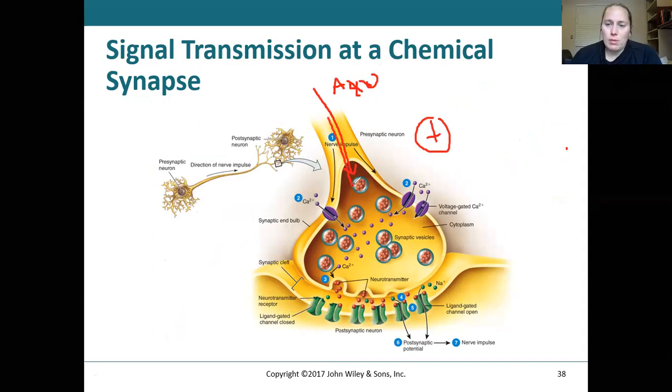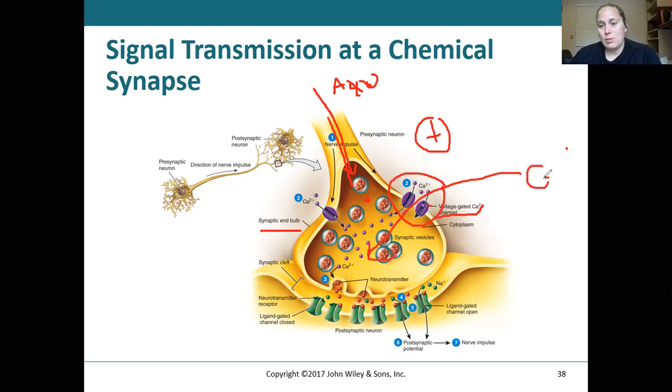As it travels down to the end of the axon terminal, or the synaptic end bulb, this becomes far more positive, and we've got voltage-gated calcium channels. Once this little area becomes far more positive, these voltage-gated calcium channels open, and calcium fluxes into the cell.